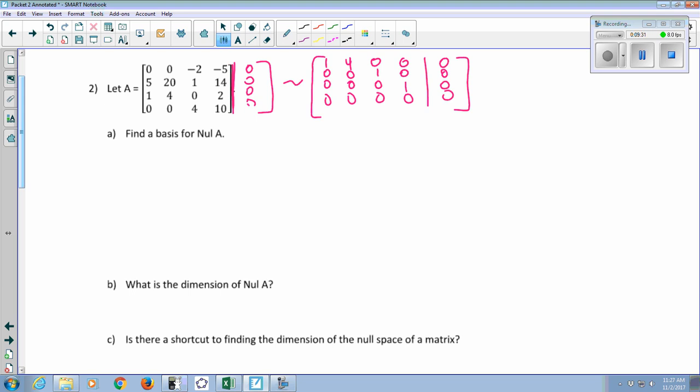So I would say x1 equals negative 4x2, x3 equals 0, and x4 equals 0, x2 free. So this is my solution set for the set of all things that get mapped to 0. So I'm just going to write it out in parametric vector form.